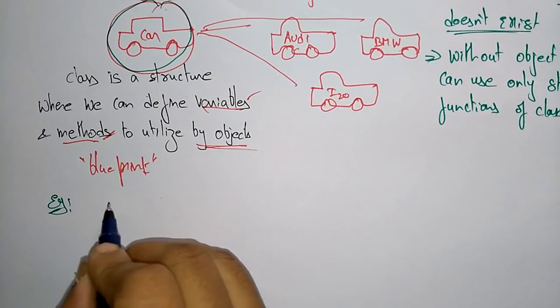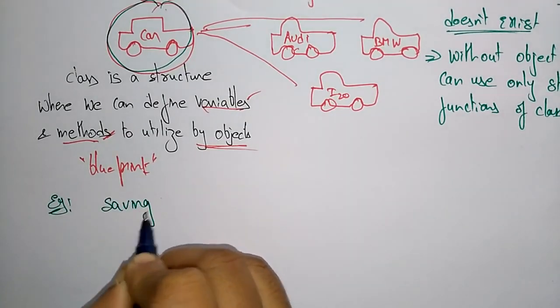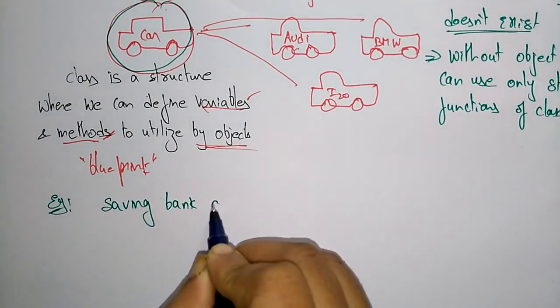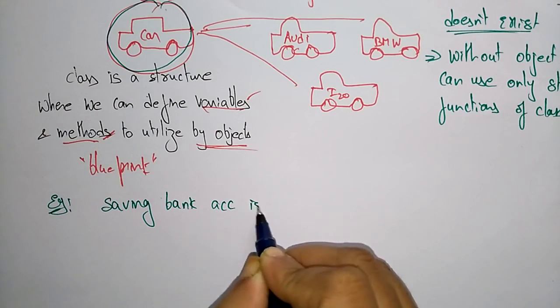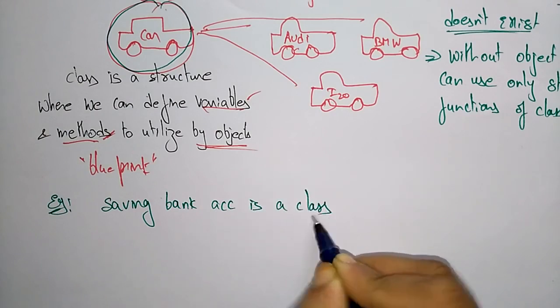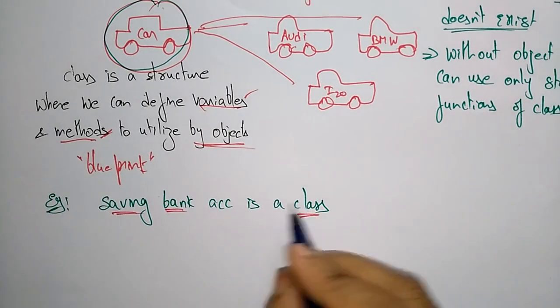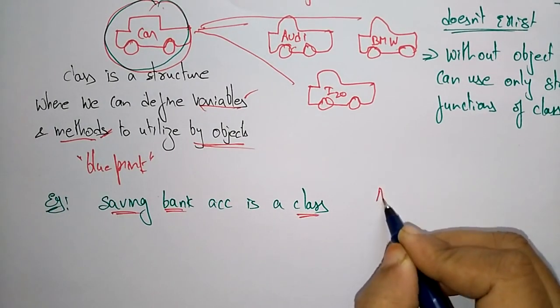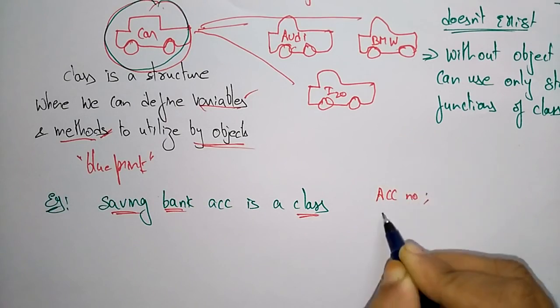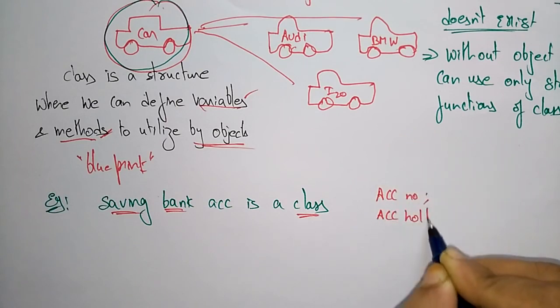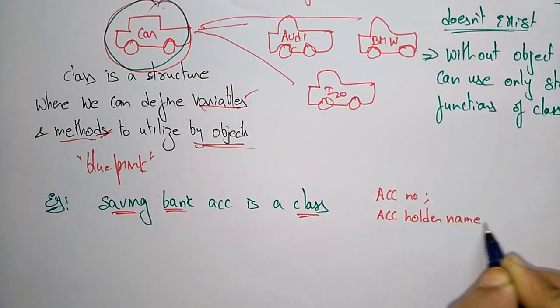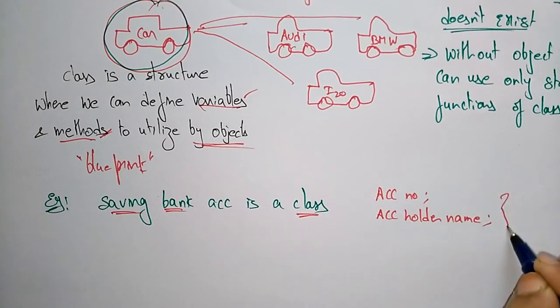Suppose you take the saving bank account. Saving bank account is a class. So class name is the saving bank account, and the variables here are the account number, account holder name. Okay, so those are, suppose, the variables that are used in the class.